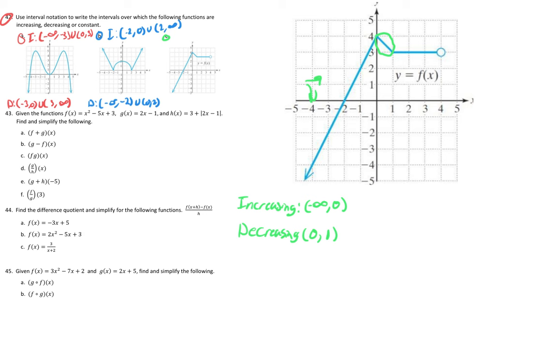I think this is the only one that we had that is a constant. Means it's just a nice horizontal straight line. So constant on the interval, or the x value, is 1 to 4.